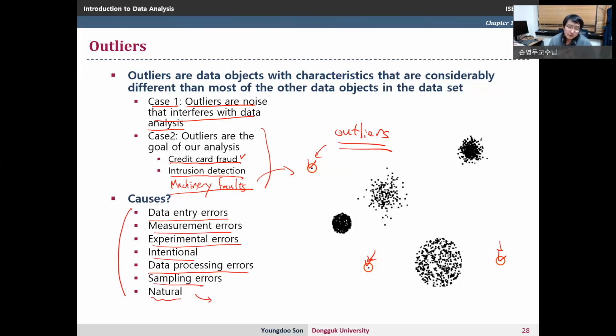For example, if we collect the heights of persons, there actually exists a person whose height is more than 220 centimeters. This is an outlier, but it can naturally exist. So there are also outliers from the natural distributions in the real world.